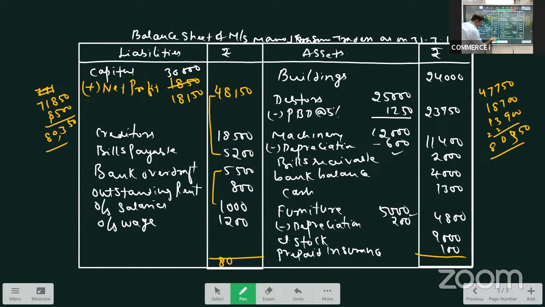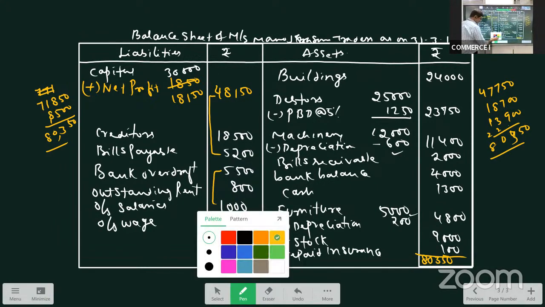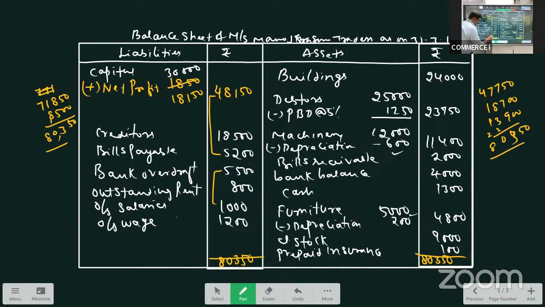So 80,350 on the liability side and 80,350 on the asset side. Okay, I will write again. What is the total? 80,350 on the liability side and 80,350 on the asset side. Just go through it once.